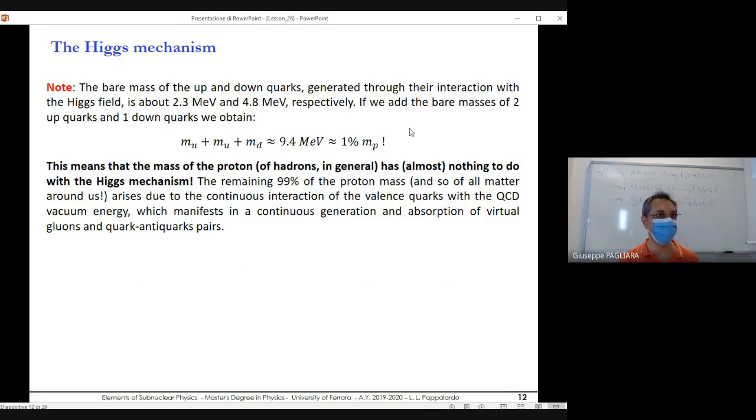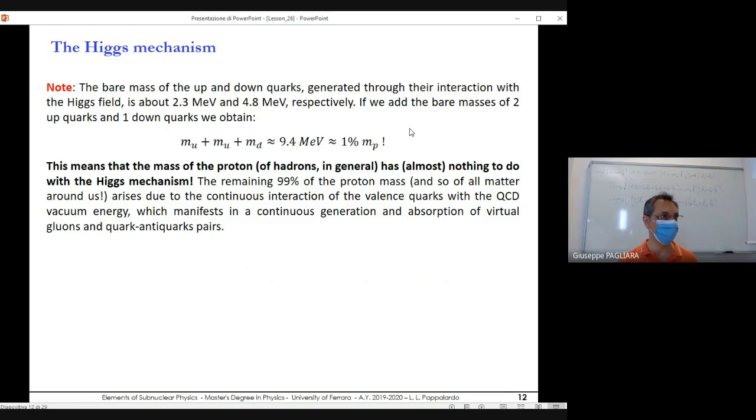Inside the proton, we don't only have up, up, down, but we have up, up, down, immersed into a crazy sea of gluons, which are emitted, which radiate, which split into quark-antiquark pairs, which emit gluons, etc. All the energy encoded in this QCD vacuum provides 99% of the mass of the proton, and let me say, of the mass of matter that surrounds us.